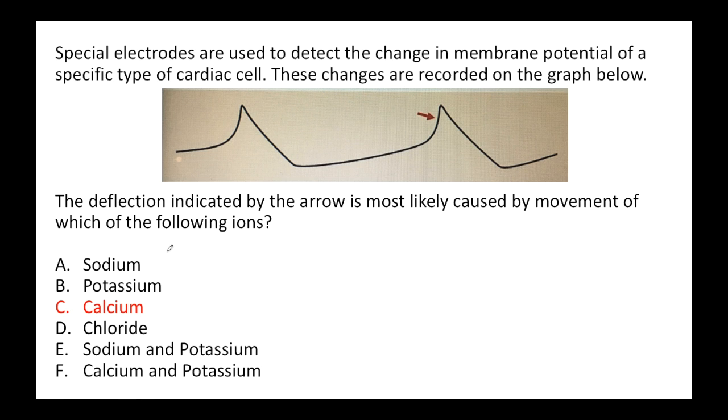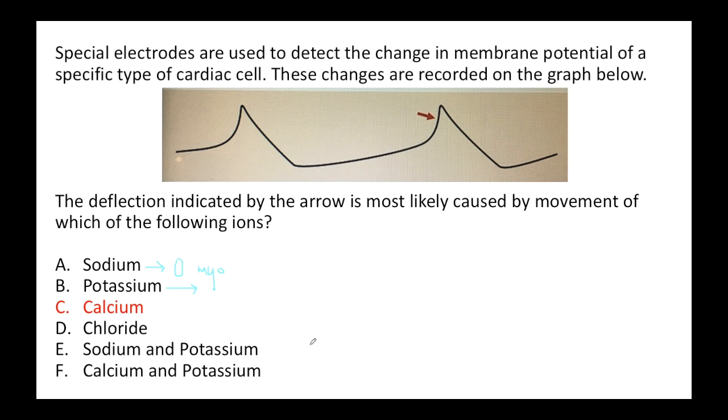So when we talk about something causing a deflection from sodium, we're talking about phase 0 of our myocyte action potential. Right. And when we talk about potassium by itself, do you know what we're talking about?